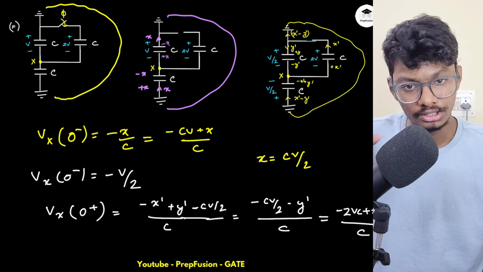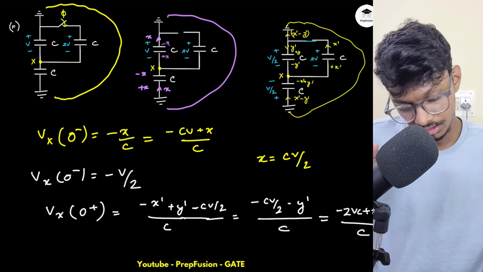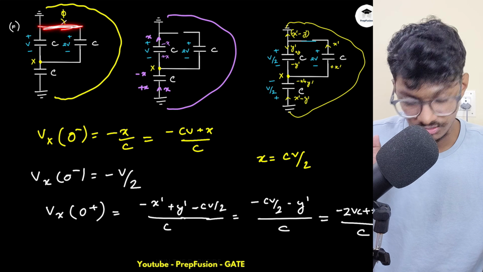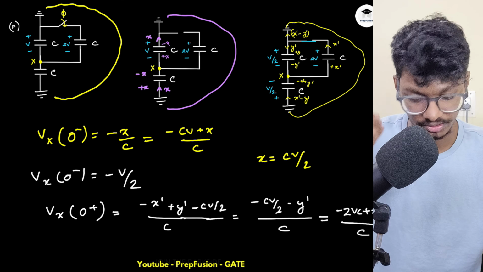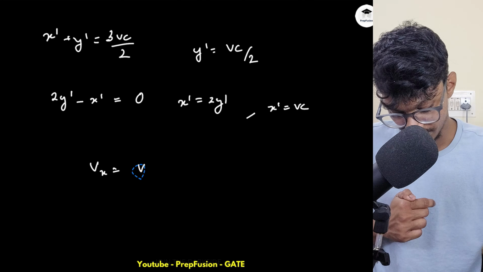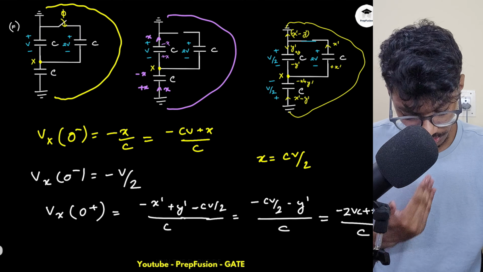So obviously at the end the potential will be the same, even though the references were different, but as these two points were actually the same at the steady state, that's why the potential also becomes the same, minus V. So Vx will not be plus V, it will be minus V. So this will be the answer to this question.